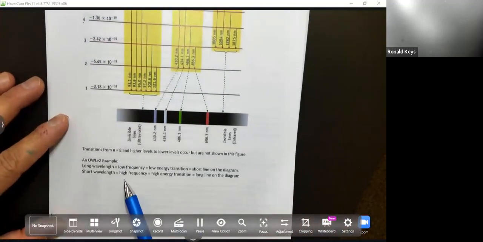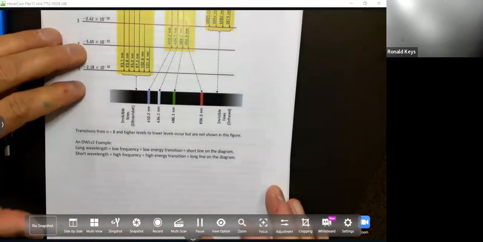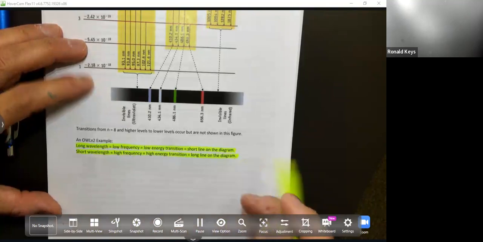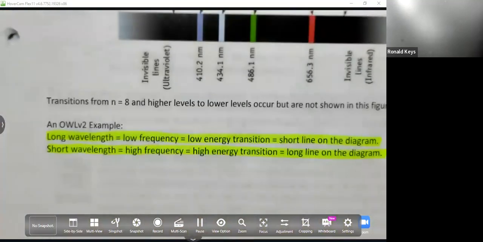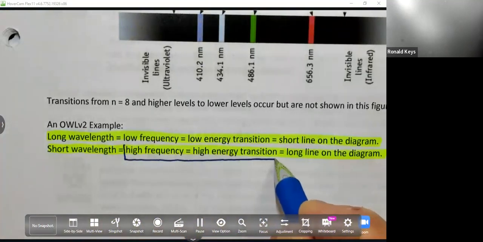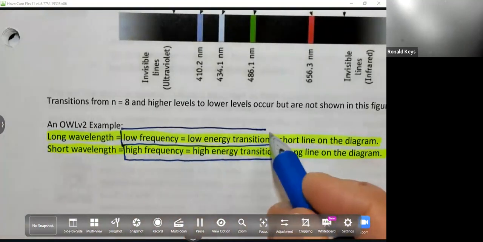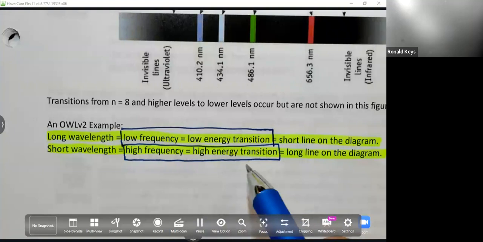All of this goes together on the next page. And remember, these are always the same. Frequency and energy always go together.